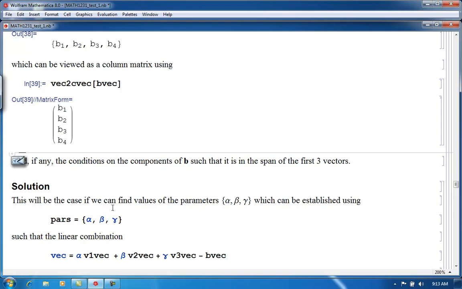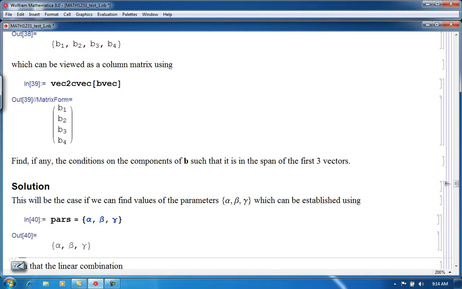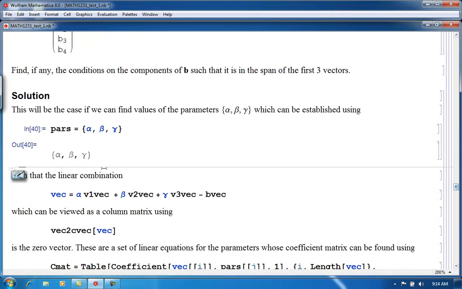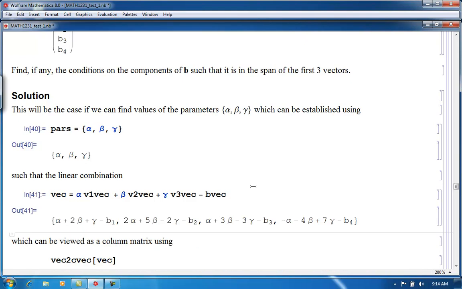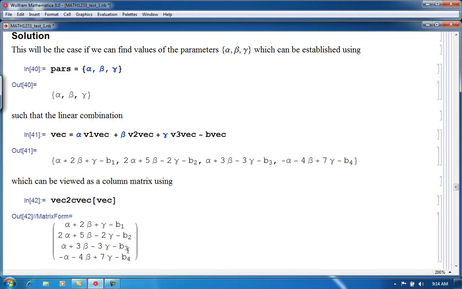Well, that will be the case if we can find values of 3 parameters, alpha, beta, and gamma, which we can establish here, such that if we take a linear combination of the 3 vectors and subtract off the vector b, which we can do using this, then that should be the 0 vector.